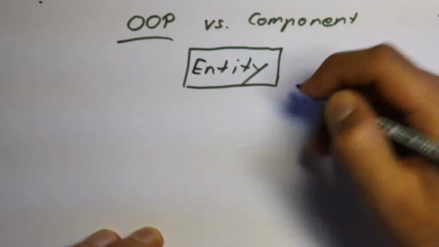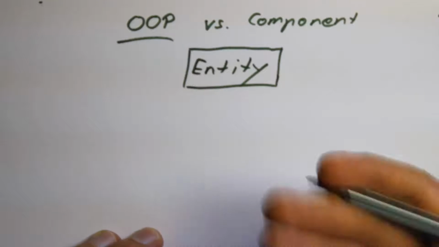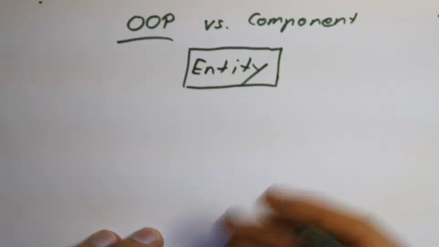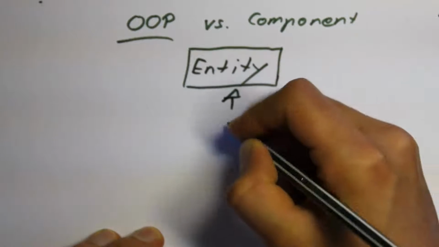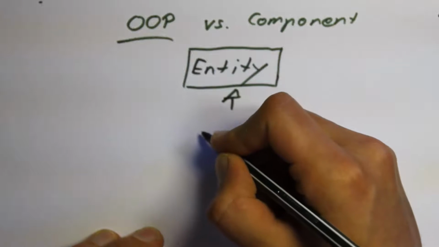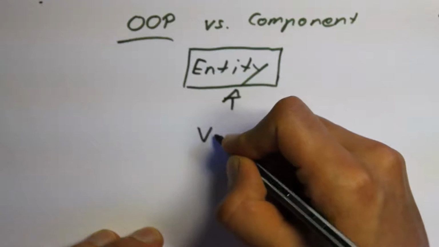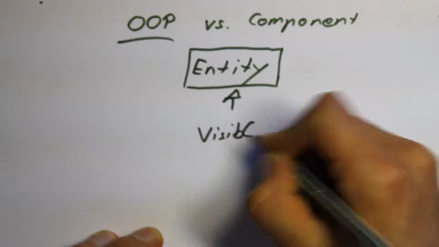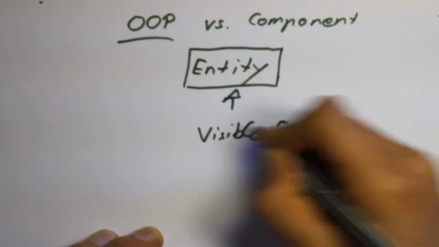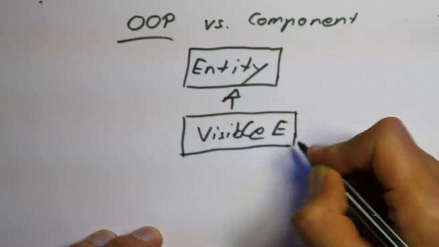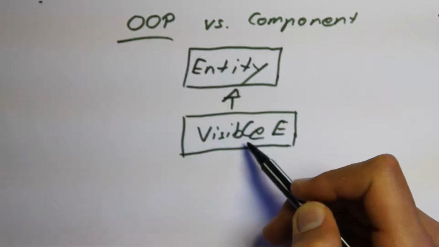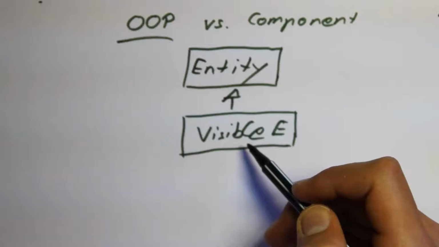Let's say, what does every object in our game need? Well, it should be visible. So we would say, extend a new object, which is, let's say, a visible entity. So we got a subclass here, which basically is an entity, and the only thing that we added here is the functionality of it being rendered onto our screen.